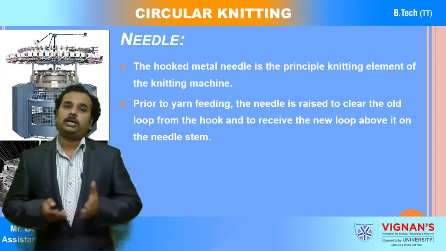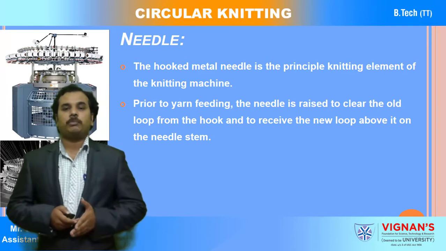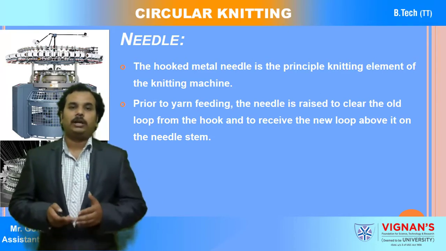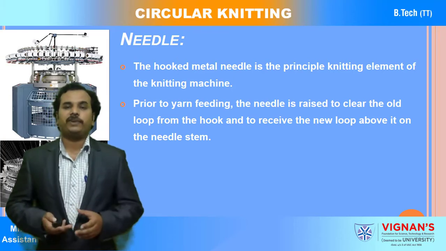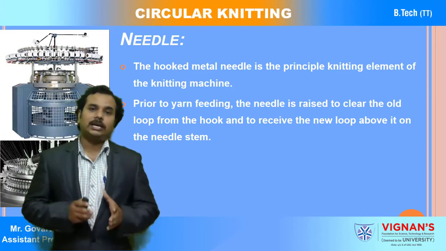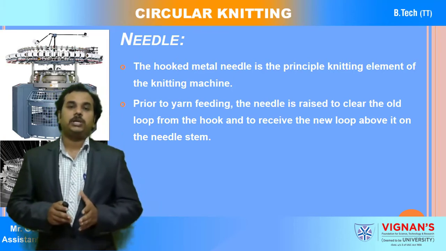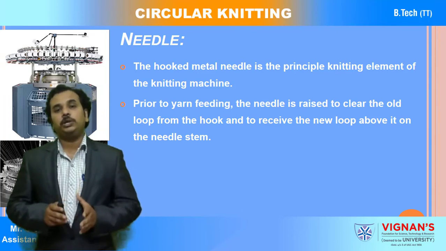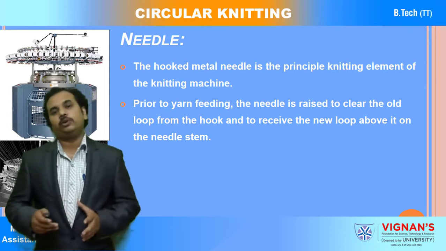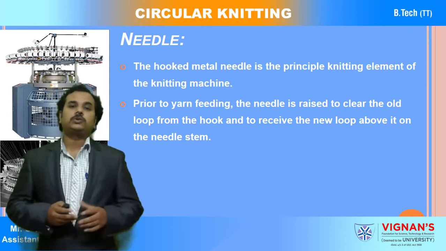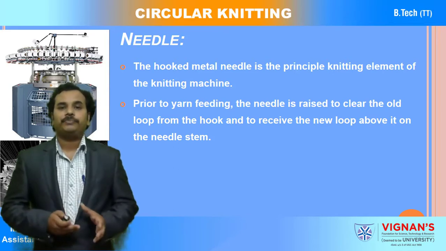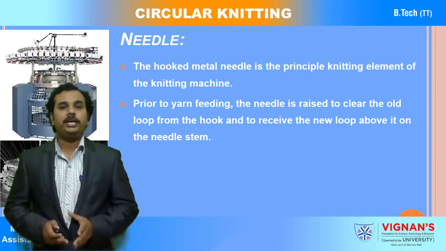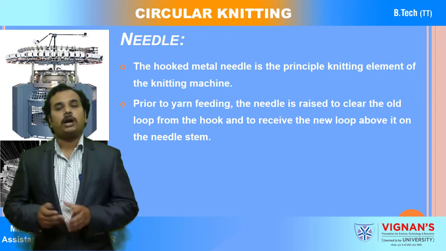In the last session we discussed the loop formation sequence of the latch needle, spring-bearded needle and compound needle. In single bed weft knitting machines, we generally use the latch needle. There are five steps in the loop formation sequence: running position and clearing position, feeding, knocking over, and loop pulling.